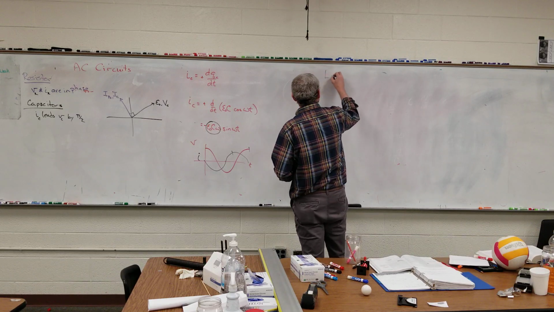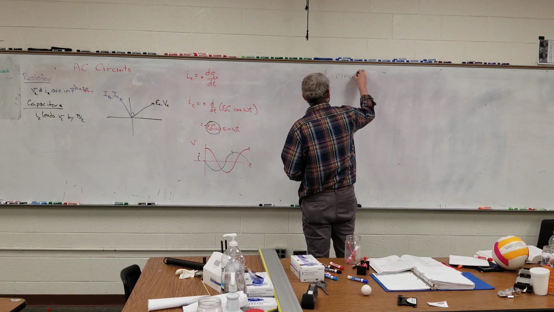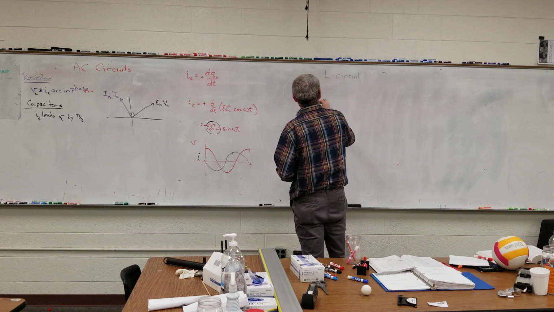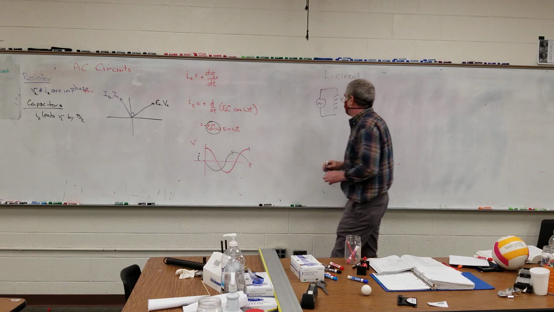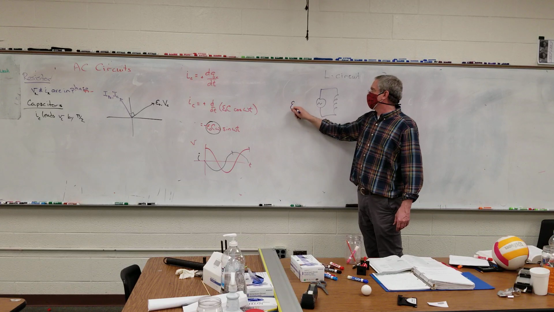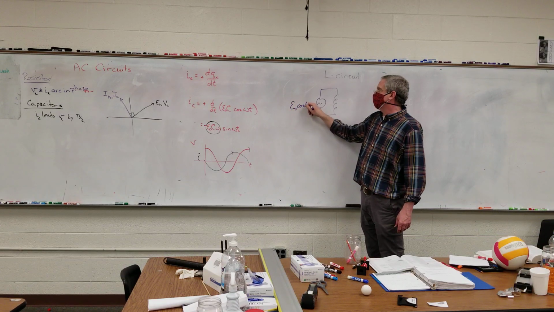So let's deal with the L circuit, and then we'll actually start putting stuff together. L circuit. AC power supply, inductor. The voltage here is characterized by epsilon sub naught cosine of omega t.